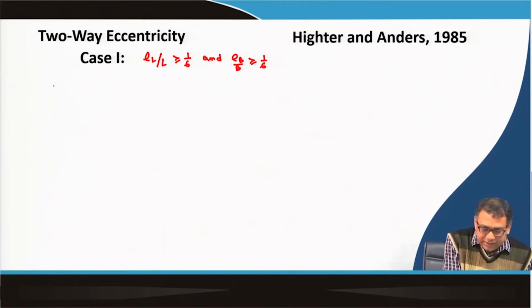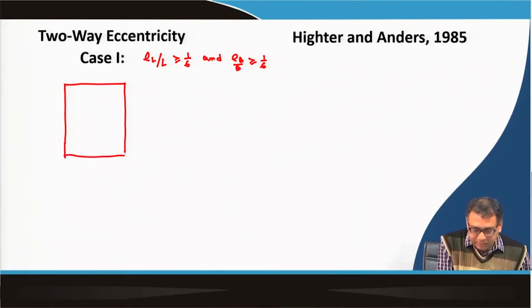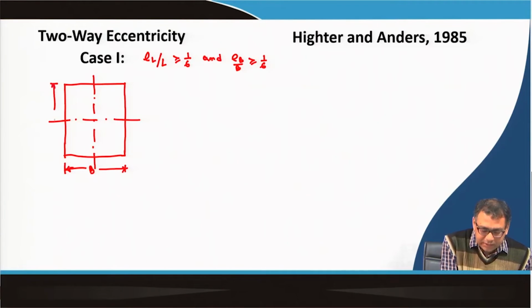Now, in case 1, if this is the loading condition, this is the footing, this is the center line, and this will be the width of the footing, and this is the length of the footing.